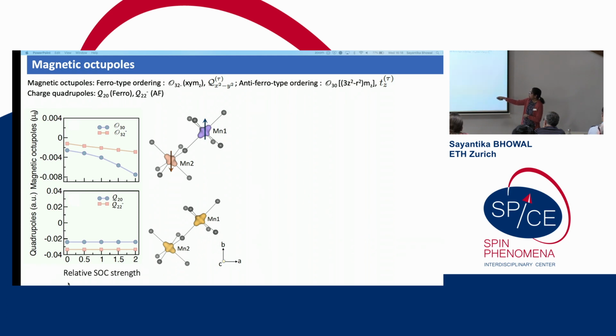This is also consistent with the fact that the system has a ferrotype O32 minus octupole moment. Now we can see from this magnetization density and charge density plot that the magnetization density actually follows from the charge density. So we thought that by manipulating the charge quadrupoles, maybe it is possible to also manipulate the magnetic octupoles in the system.